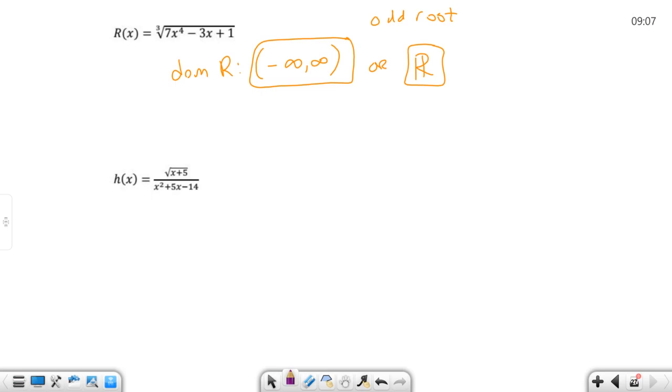And then finally I have this little h of x equals the square root of x plus 5 over x squared plus 5x minus 14. So I have a radical and a fraction, and the radical this time is not in the bottom. So what does the fraction part say?